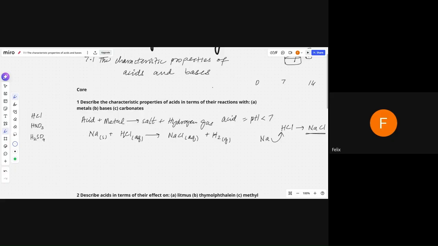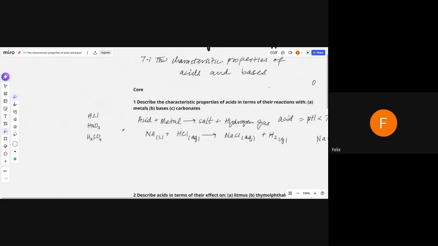Now, depending on the acid reacting with the metal, we can have three types of salts, right? HCl will give us a chloride salt, a metal chloride. Nitric acid will give us a nitrate salt, a metal nitrate, and sulfuric acid, H2SO4, is going to give us a sulfate salt. So let me write the examples here.